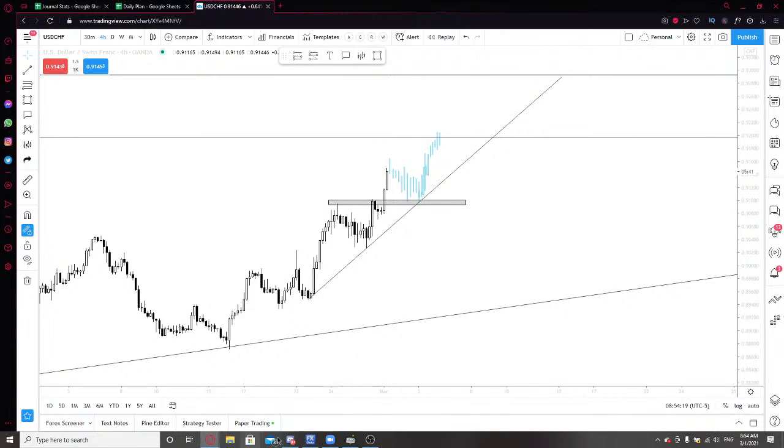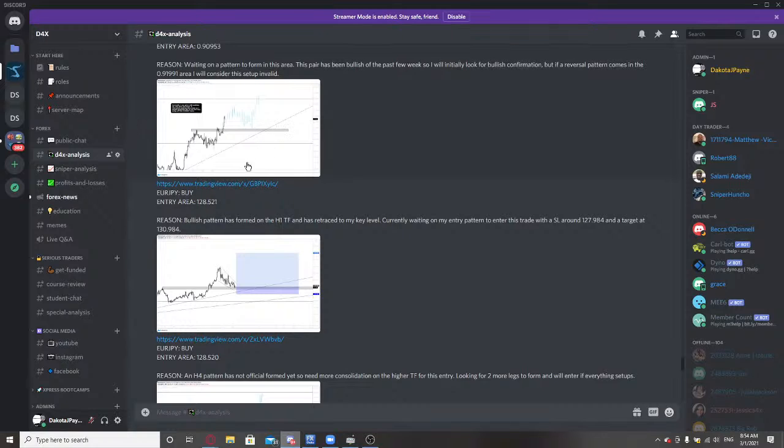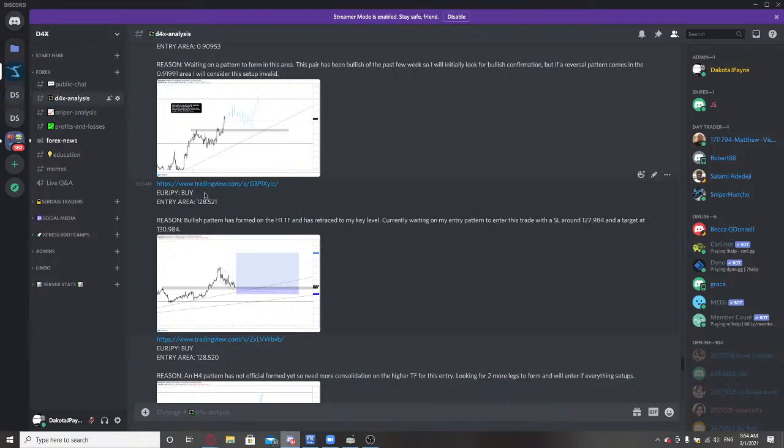All right. So that was dollar Swiss. The next one that I sent out for today was EURJPY. I actually entered for this about an hour ago, and my buy is at 128.52.